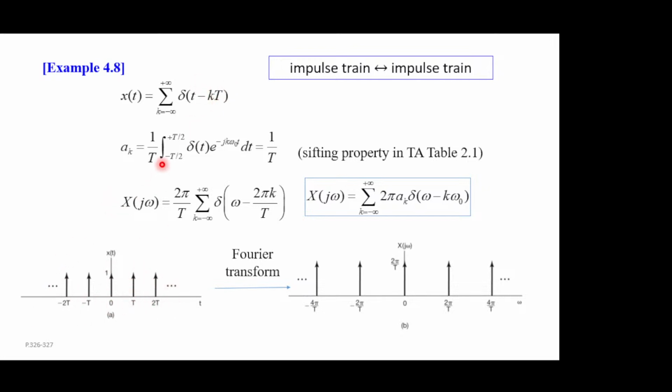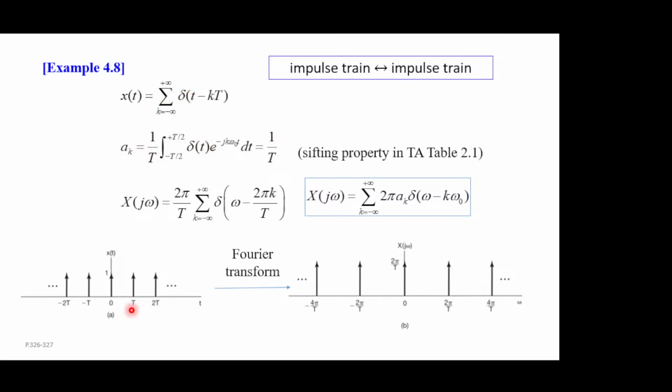Okay. So what is the Fourier transform of this function? What do we do? First we think about how to find the Fourier series coefficients for this thing. We take out one period, from minus T over 2 to plus T over 2, then we use the analysis formula.